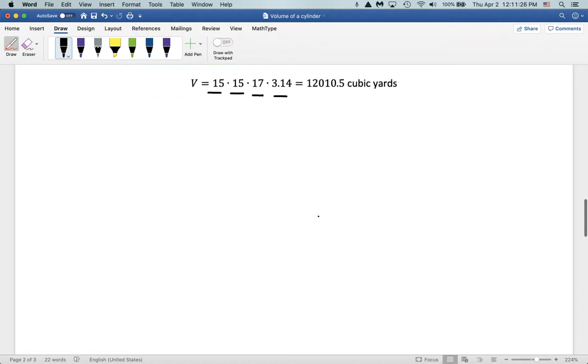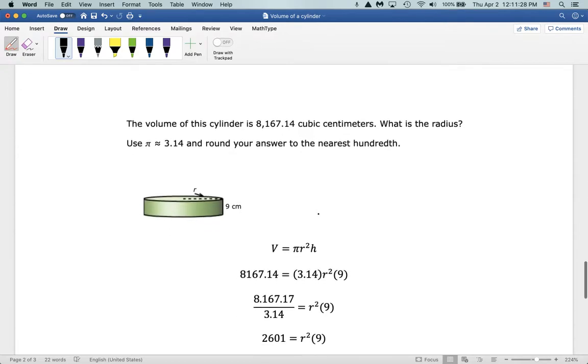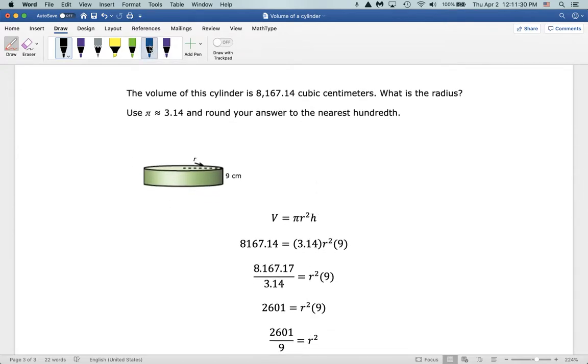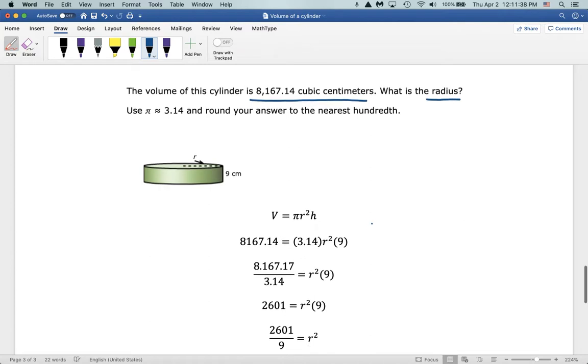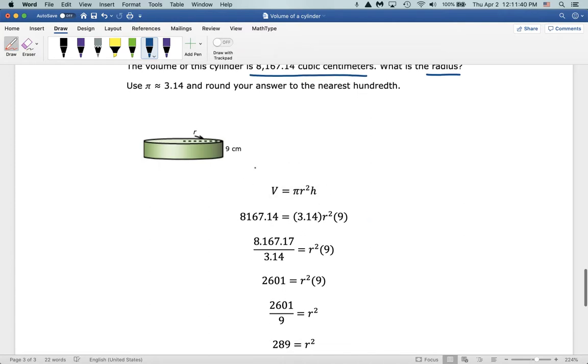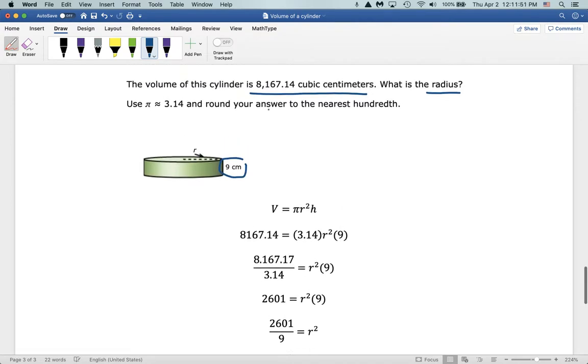The next thing that they might do is give you the actual volume and ask you to find the radius. Now I prefer to use the original equation. The volume equals pi times the radius squared times h. Like I said, they gave us h and they gave us the volume.